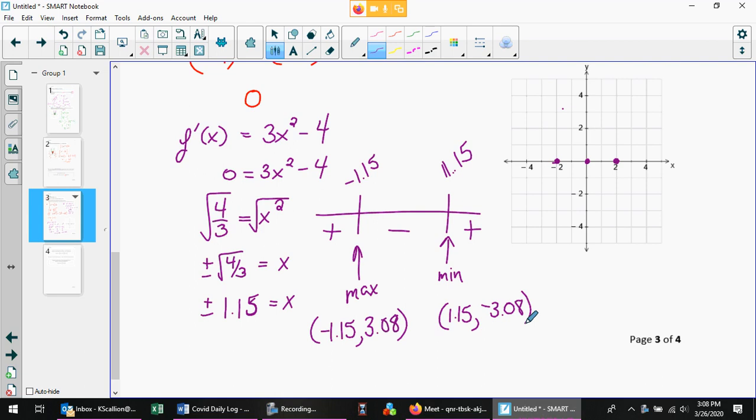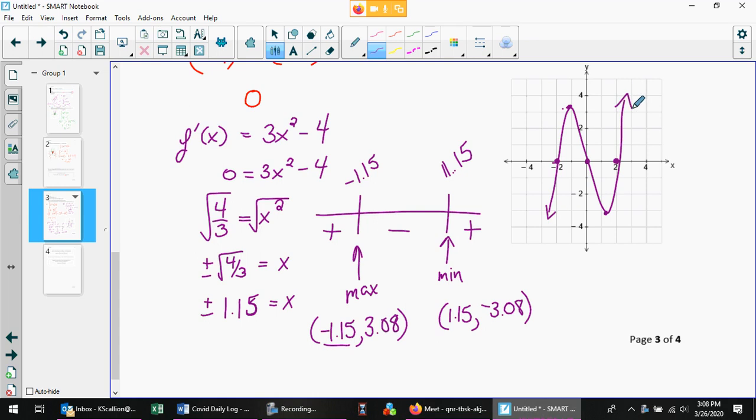So I would have had to substitute this value back into the original cubic function to get that. So at negative 1.15, I'm going to be about here. And at positive 1.15, I'm going to be about there. So start in 1, end in 3.